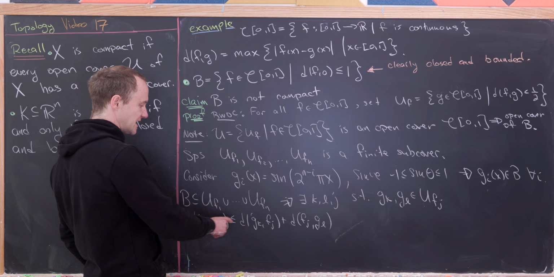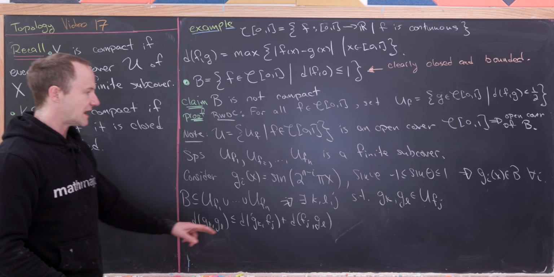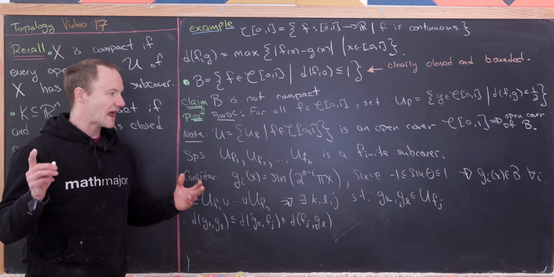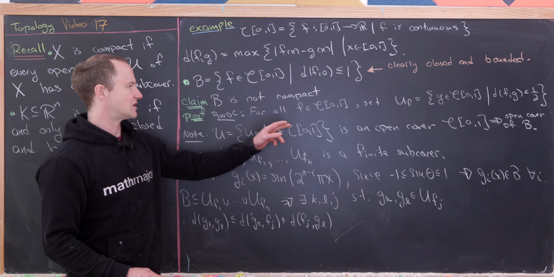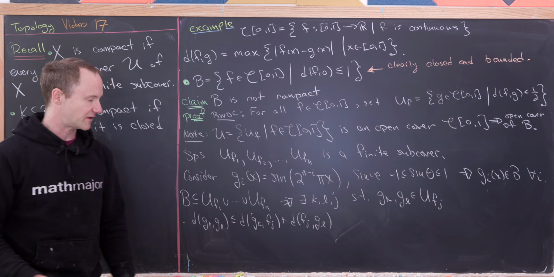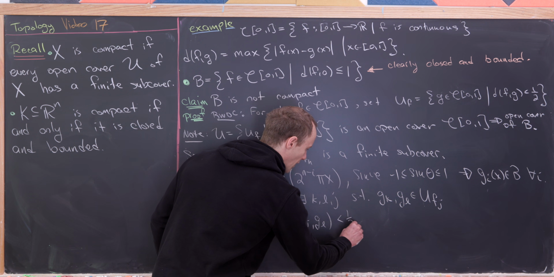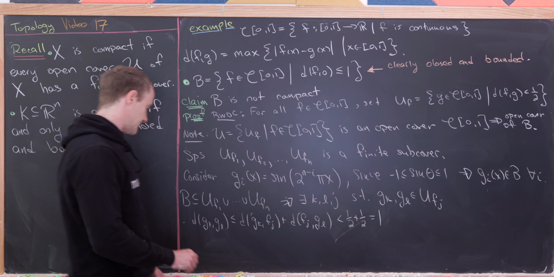But let's see, being inside of U_fj means these 2 functions are within 1/2 of a unit from f_j. That's the definition of our set U_f here. So that means this whole thing is strictly less than 1/2 plus 1/2, or 1.